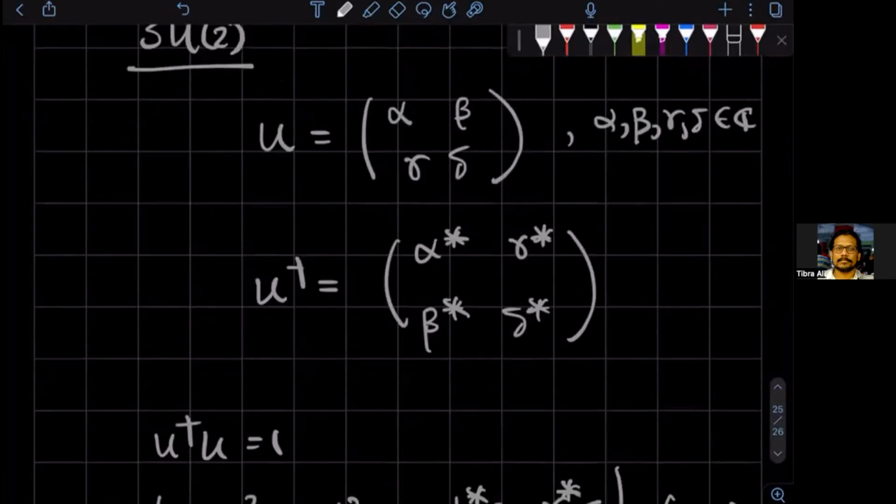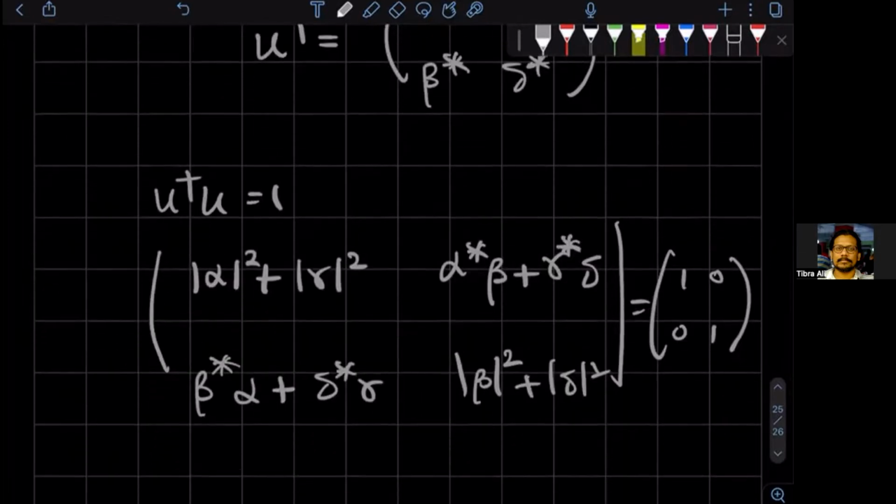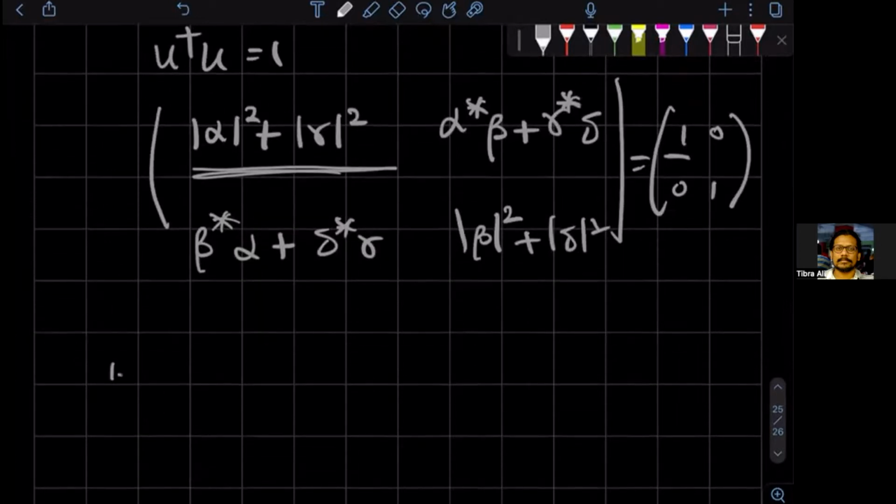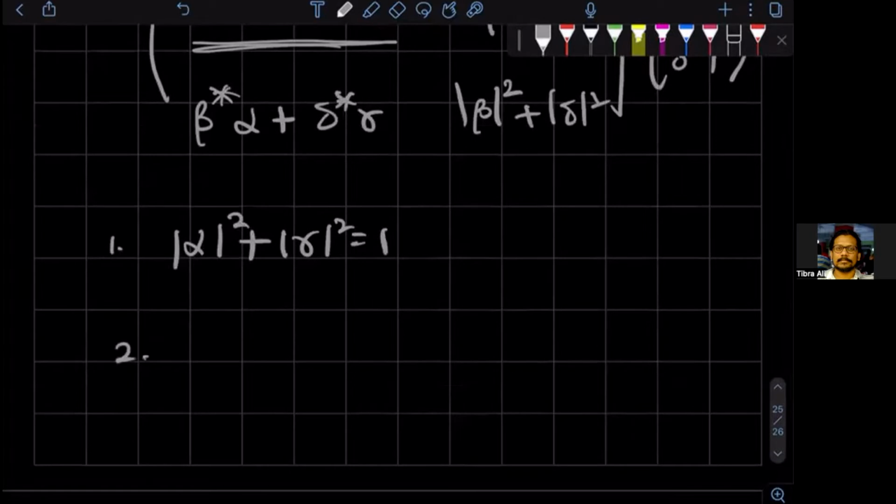So initially we had 8 real parameters, right? But here we see that this is one condition. This equals to this. This is one condition. This is another condition.